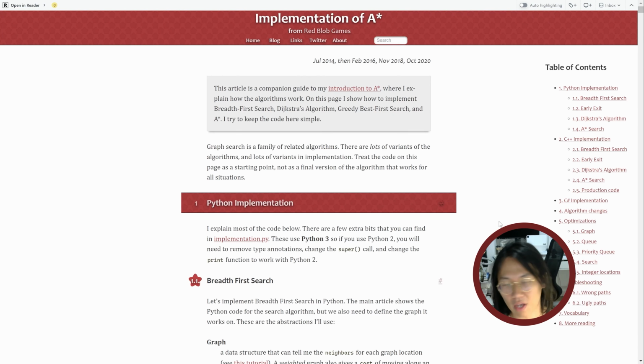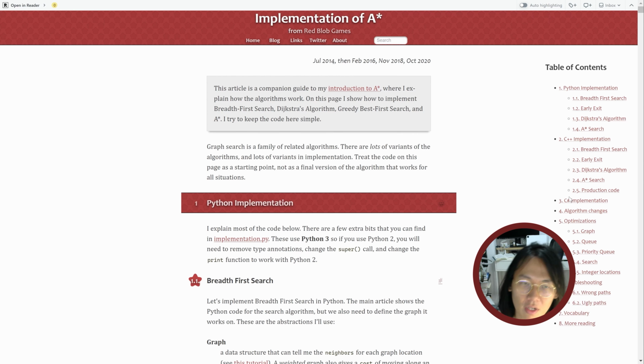The third reason I would like to recommend this tutorial is that the author implements the three algorithms in three different languages. All these three languages are very popular. The first one is Python, the second one is C++, and C# is the third.